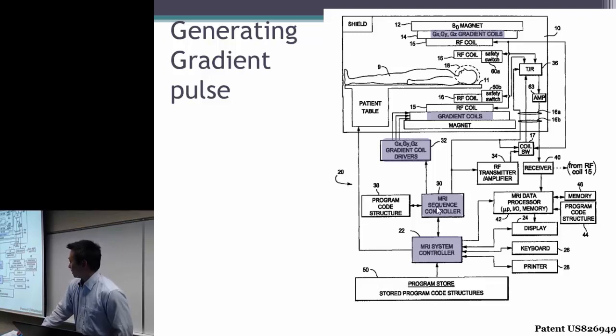The sequence controller will pick out this information and forward it to the gradient amplifiers, and the gradient amplifier would then output the required current to the three different sets of gradient coils to generate different gradients along the x, y and z directions.